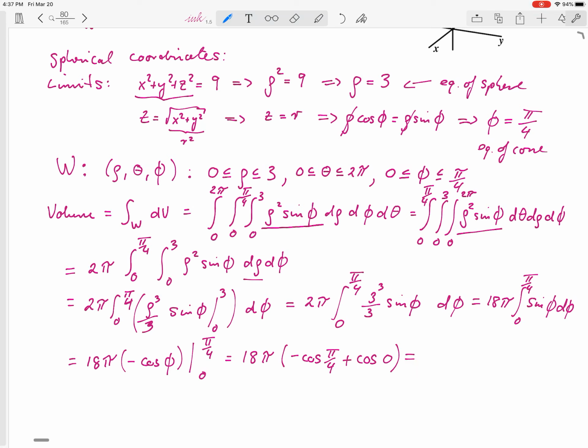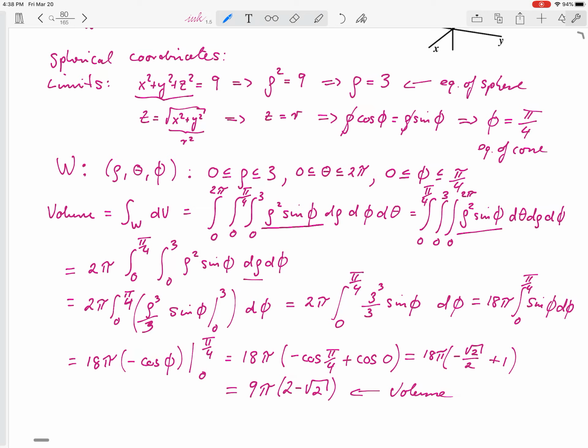And if you remember the unit circle or plug this into your calculator, you get 18 pi times minus the square root of 2 over 2 plus 1. And you can simplify that a little bit as 9 pi times 2 minus the square root of 2. So this is our final answer. This is our volume.